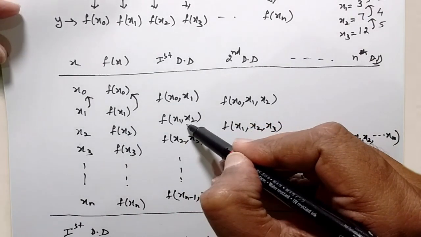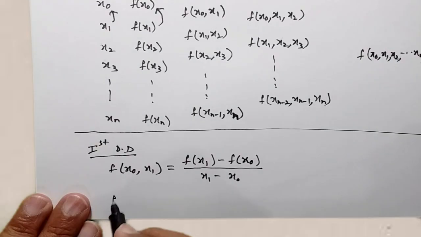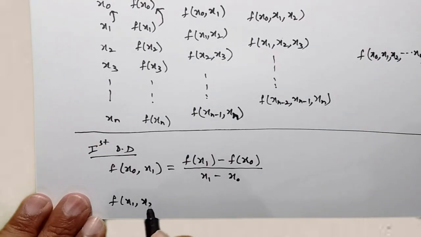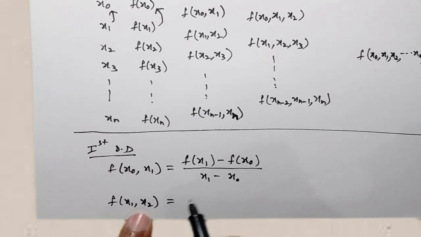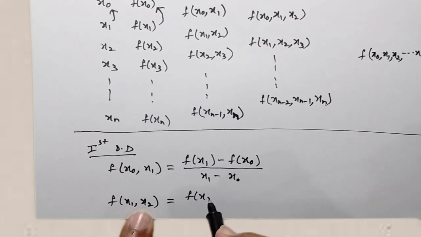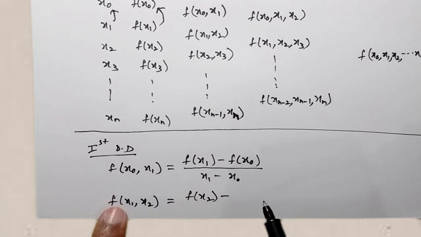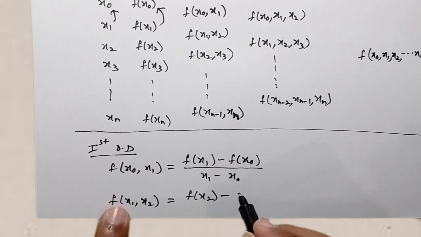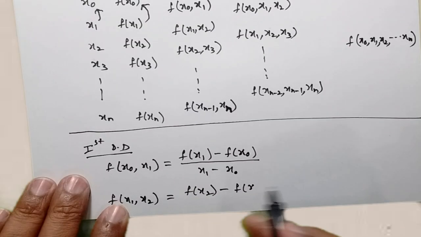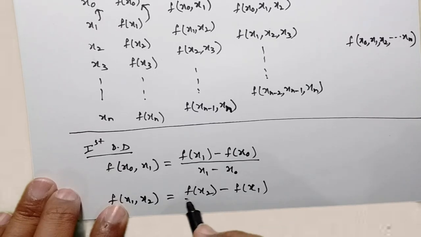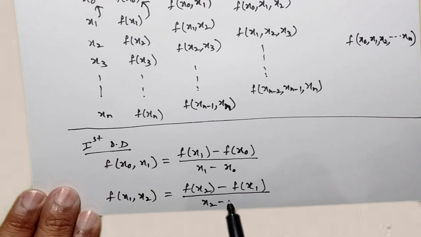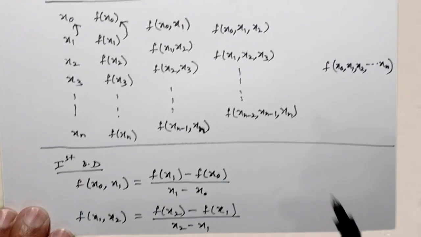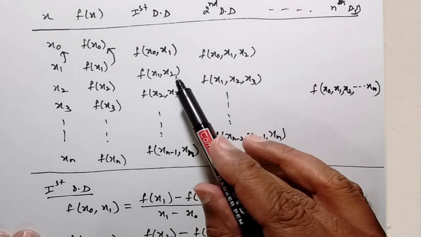Similarly you can write f of x1, x2. The rule: the function of the second value, f of x2, minus the function of the first value, f of x1, divided by this value only, x2 minus x1. So that is your f of x1, x2.